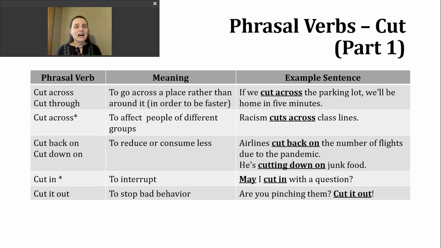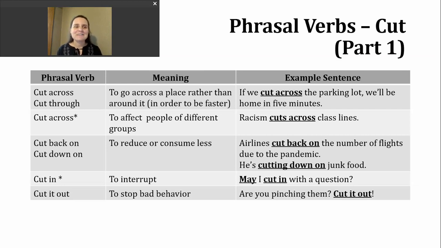And here, the idea of class lines is essentially the differences between poor and rich. So kind of talking about economics as well. And this sentence is suggesting that racism affects poor people as much as it affects rich. This sentence is in the simple present. I can tell, again, because of that S on the end of the verb there.